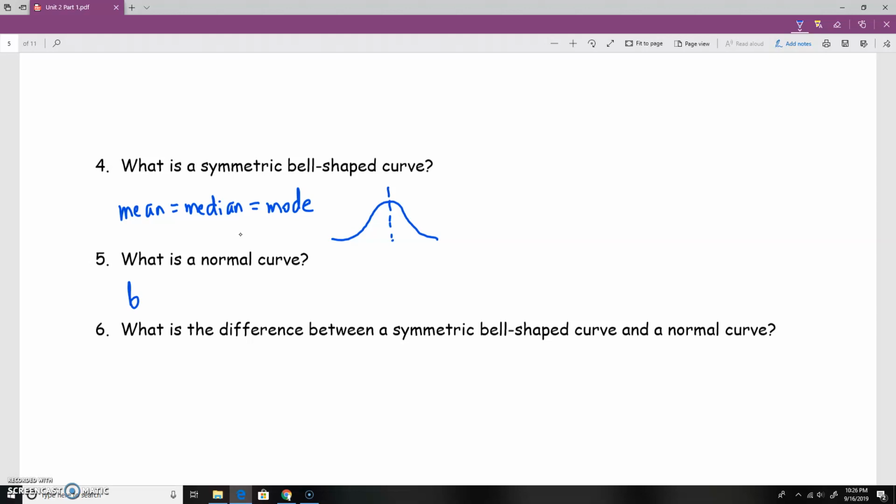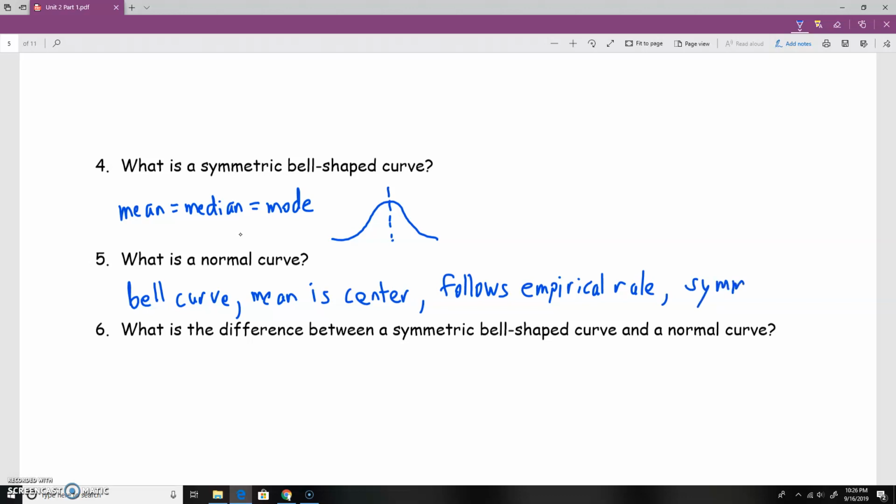A normal curve is one of these bell curves, where the mean is the center. It follows something we call the empirical rule that we're going to talk about here in a minute. And it's also symmetric. Let's not forget that part.